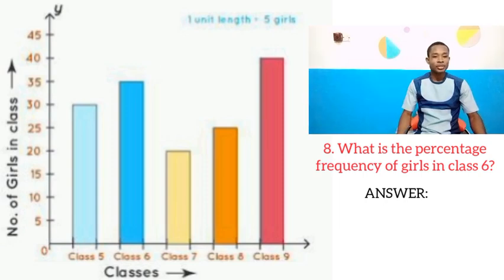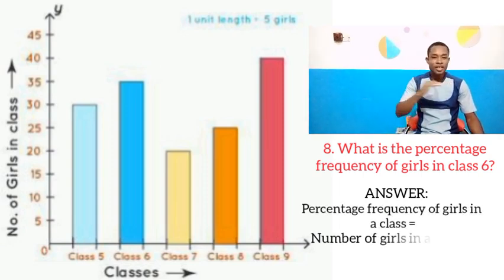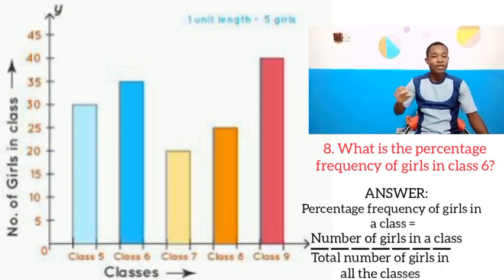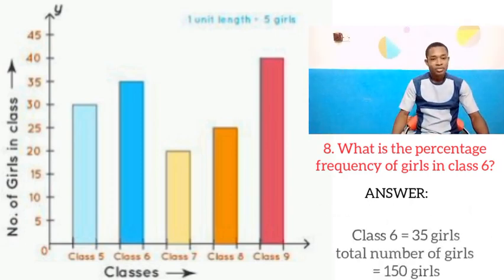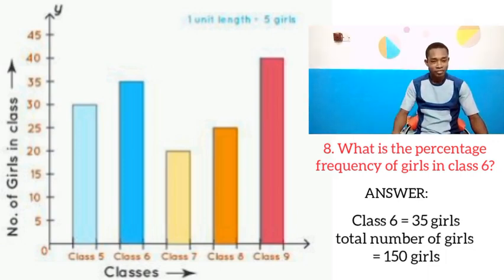The answer is simple. It's going to be the number of gears in class 6 divided by the total number of gears in all the classes, and then we multiply it by 100. Number of gears in class 6, we had it already to be 35.